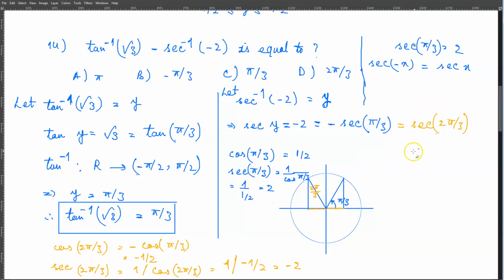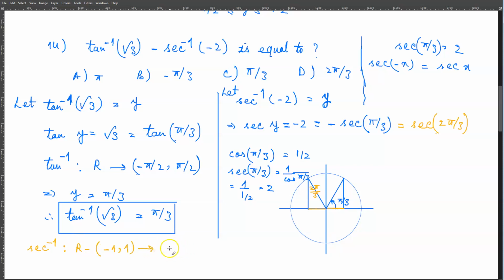And the angle 2 pi by 3 is actually in the range of the secant inverse function, because the secant inverse function is a function from R minus the open interval of negative 1 comma 1, going to 0 to pi minus the set containing pi by 2, right?